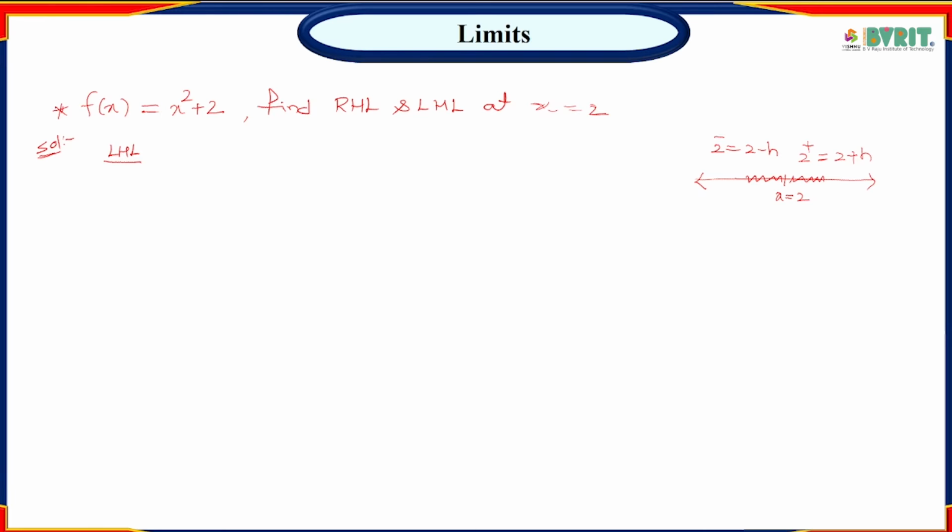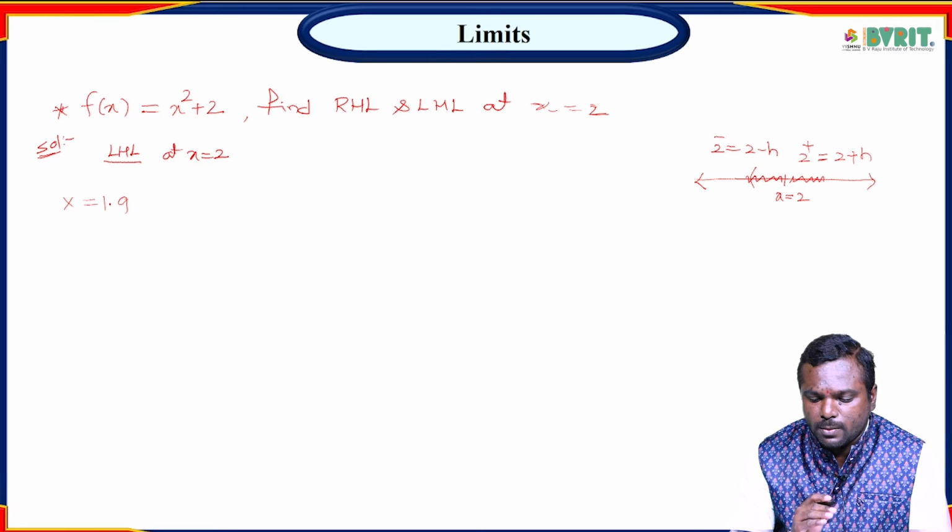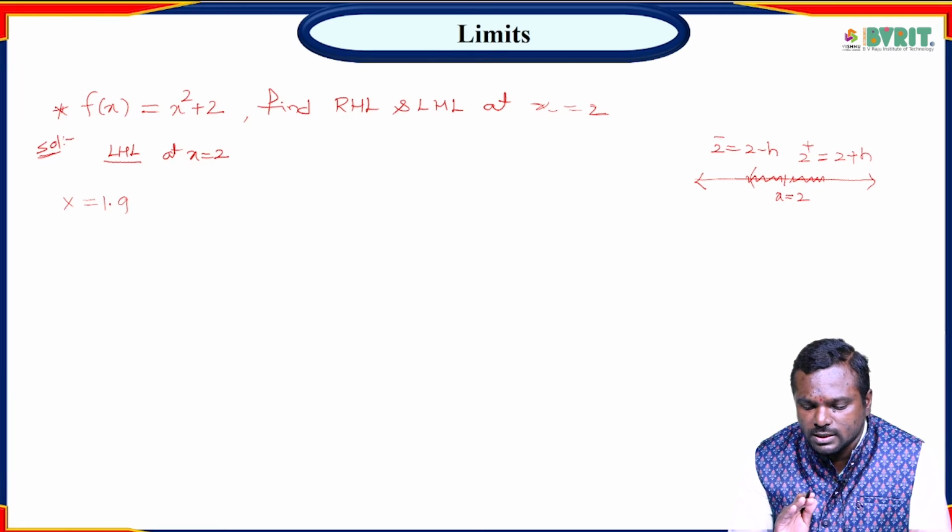I am taking the left hand limit at x is equal to 2. Left hand limit means it is on the left side, where the point approaches 2 but is not equal to 2. I am taking, for example, x is equal to 1.9. X is approaching 2, not x is equal to 2.